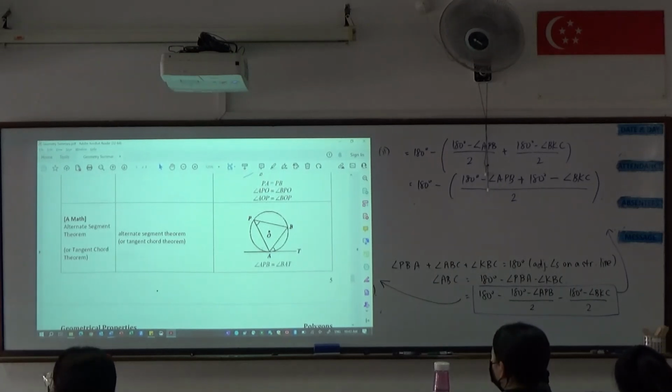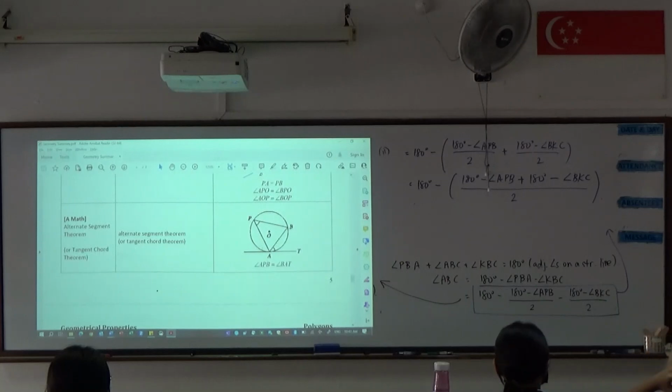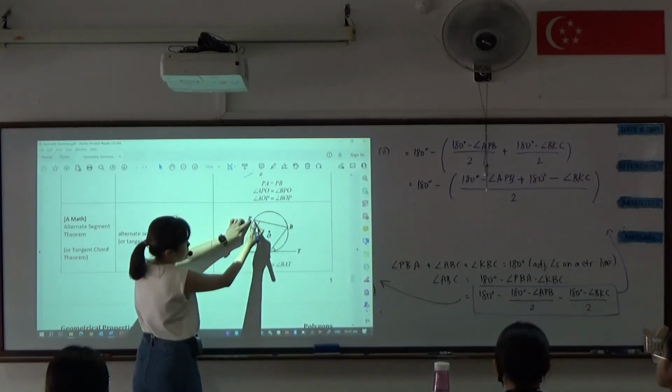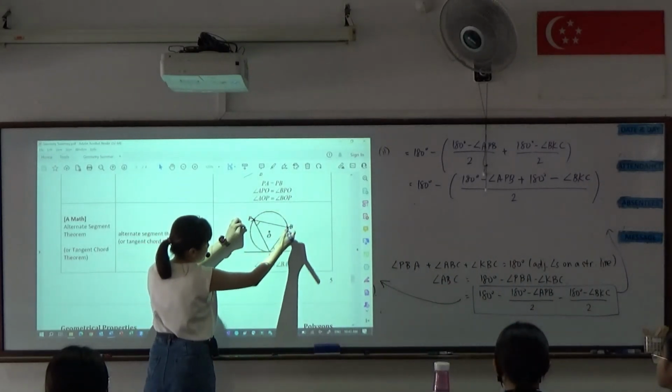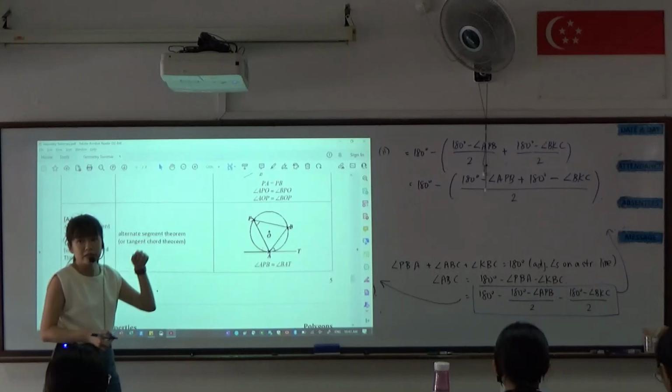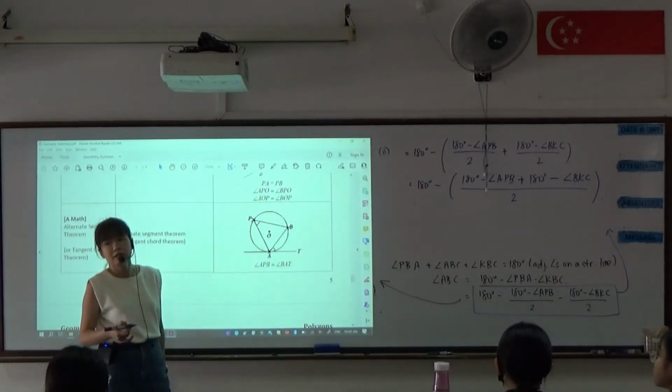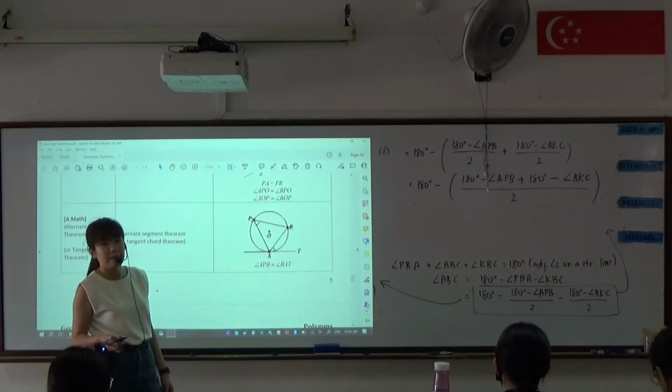It says that there must be a tangent. First thing that you must observe, there must be a tangent, and there must be a triangle whose vertices are all on the circle itself. So this triangle, all the corners must be on the circle, and then the tangent must be out of one of the corners of the triangle.